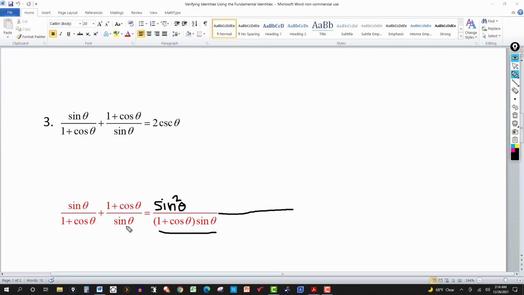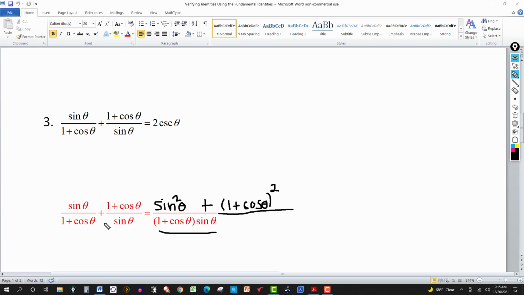Well, it has a sine theta, doesn't have a 1 plus cosine theta, so I need to multiply that numerator by 1 plus cosine theta. So it's 1 plus cosine theta times 1 plus cosine theta, or I can write that as 2 factors squared.